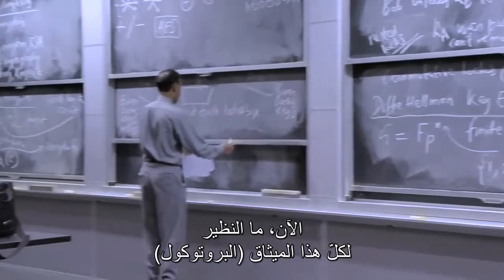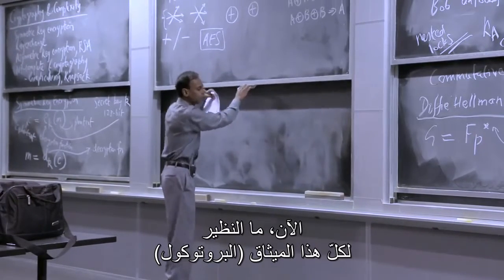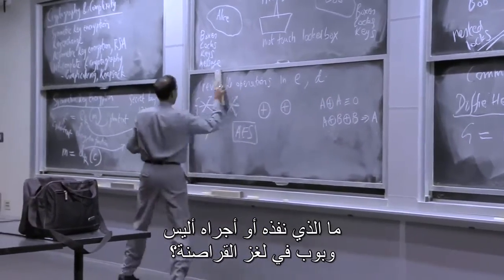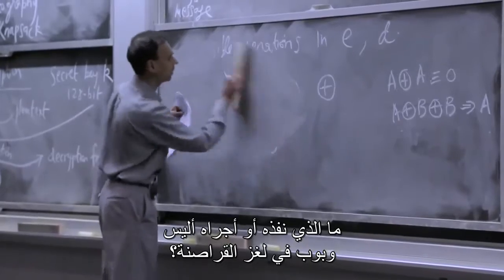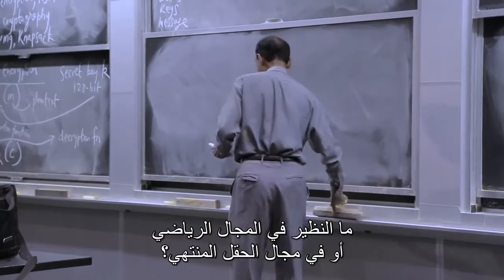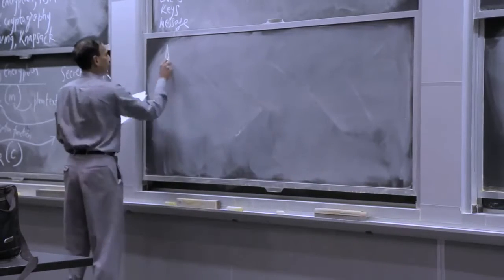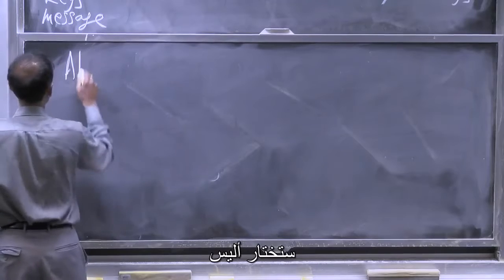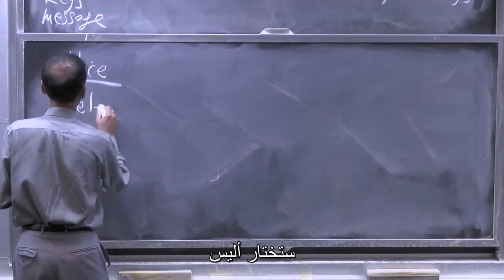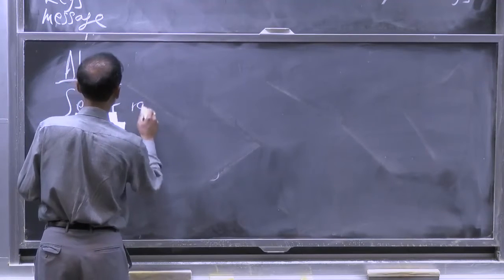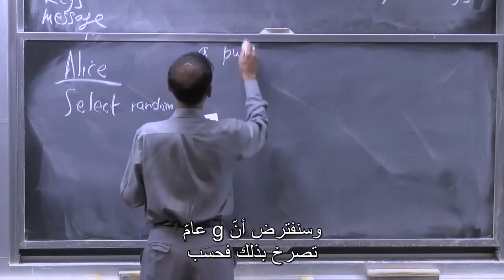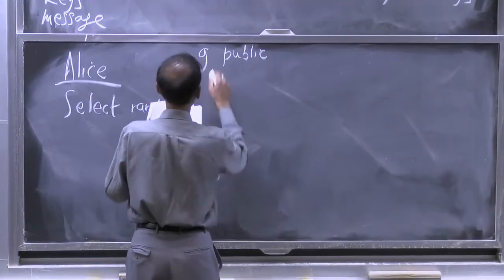Now, what is the analog of the protocol that Alice and Bob in our pirate puzzle ran? What is the analog in the mathematical domain, or in the finite field domain? Well, here's what happens. Alice is going to select a random A, and we're going to assume that G is public.